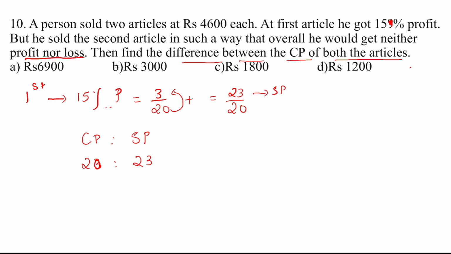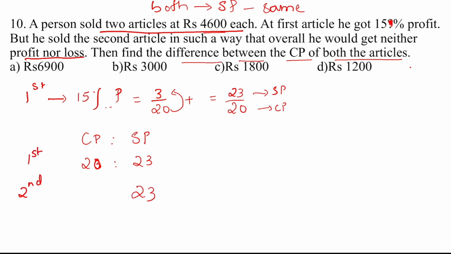We know the selling price is the same, isn't it? Because he sold 2 articles at 4,600 each, both the articles' selling price was same. So if the selling price was same in rupees, it will be same in ratio also. So for the second article the selling price will be the same, 23.